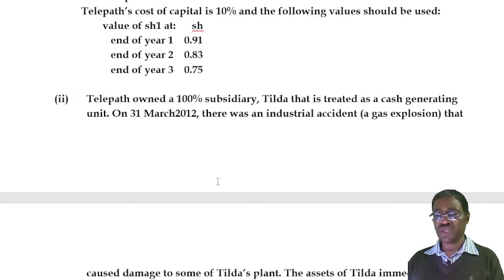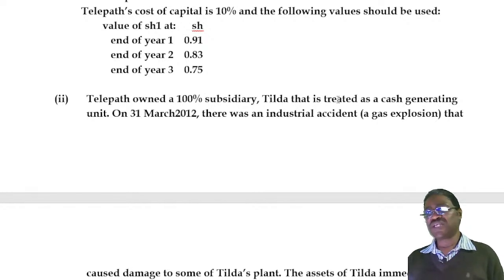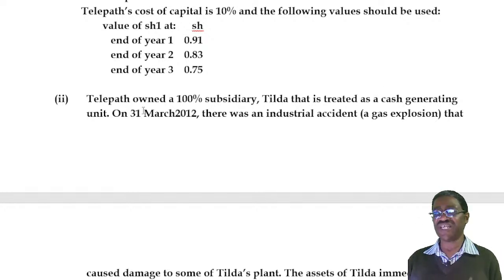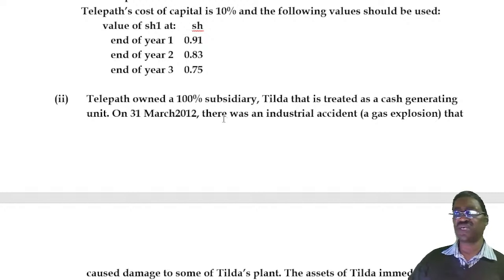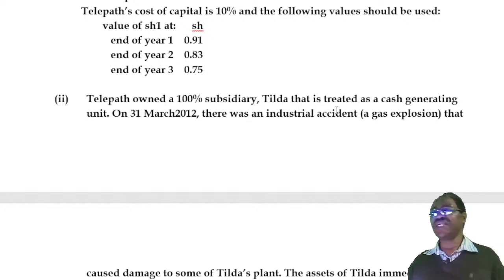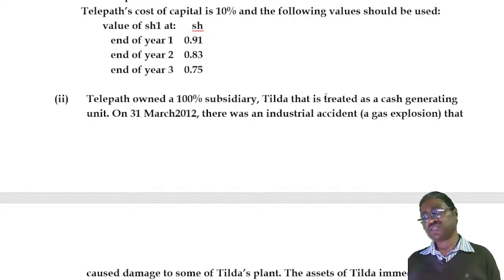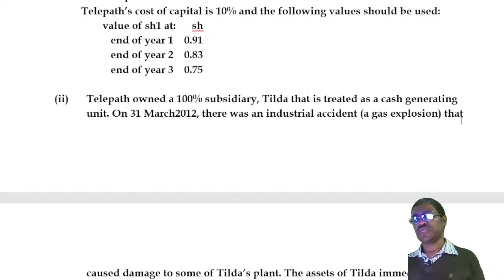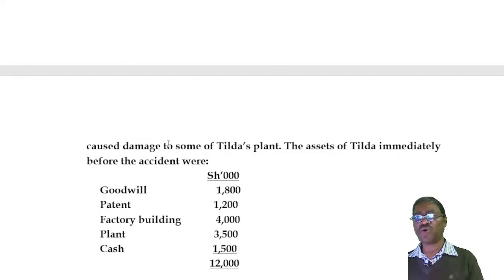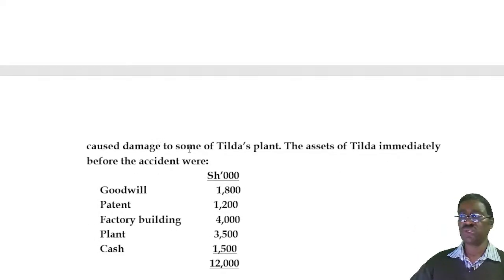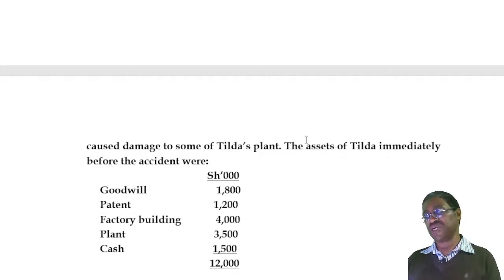B2 says, Telpath owned a 100% subsidiary, a company called Tilda, that is treated as a cash-generating unit. On 31st March 2012, there was an industrial accident, a gas explosion that caused damage to some of Tilda's plant.